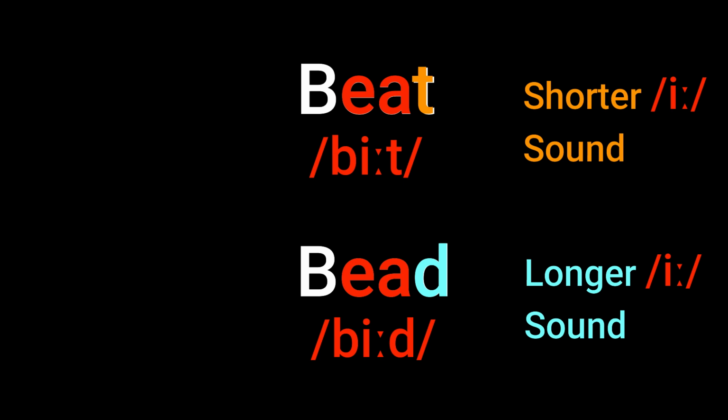The difference in the vowel sound length between the two is only slight, but if you can master it, it will help you achieve excellent pronunciation. Can you hear the difference? Beat, bead. Well, that's it for this time.